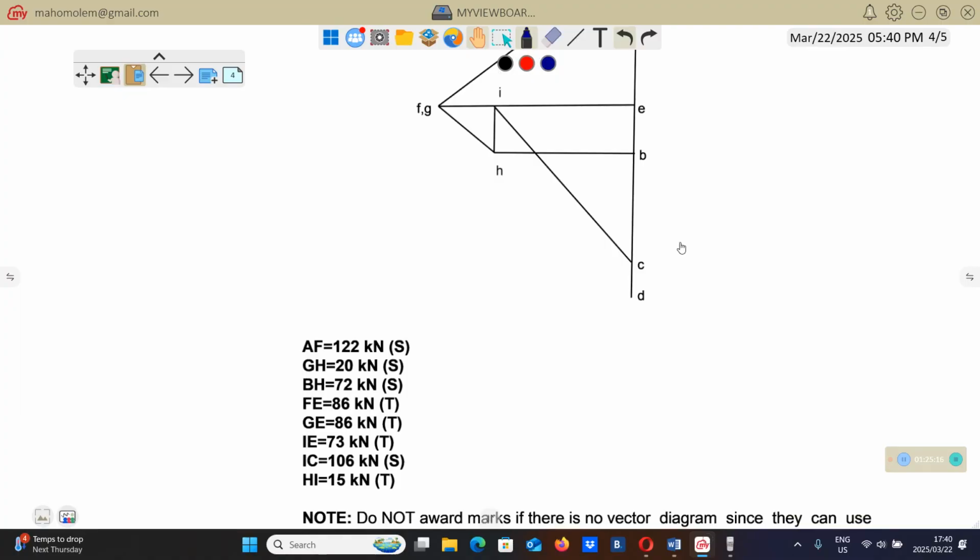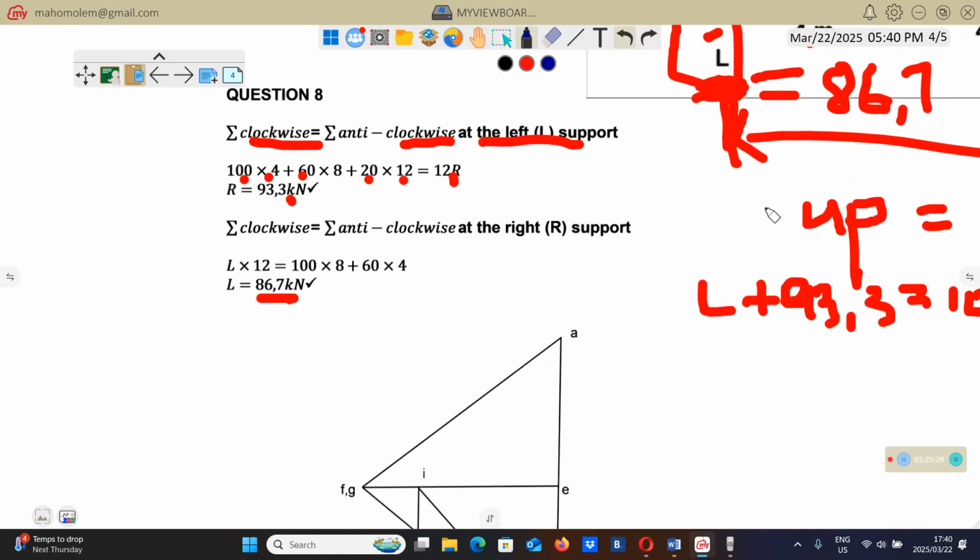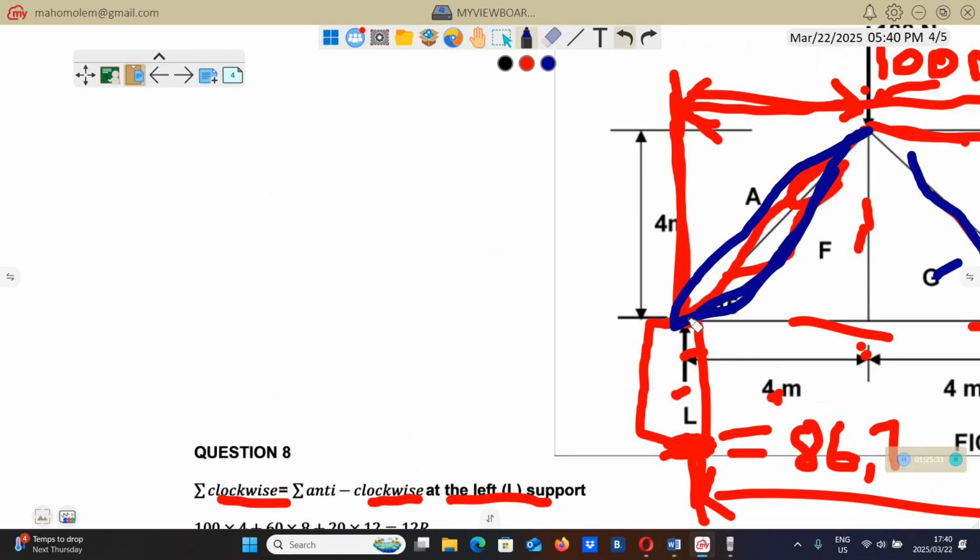So if you want to know how much member AF will carry, as I've shown you on this, this is member AF.